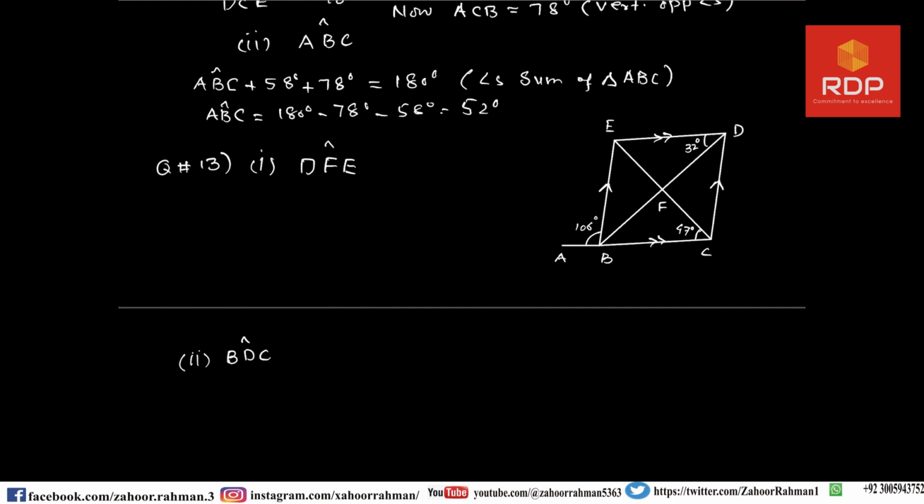One angle is this 47, 32 and 106. So we have to keep this in mind, and first they want us to find DFE, which is this angle. We have to find DFE.